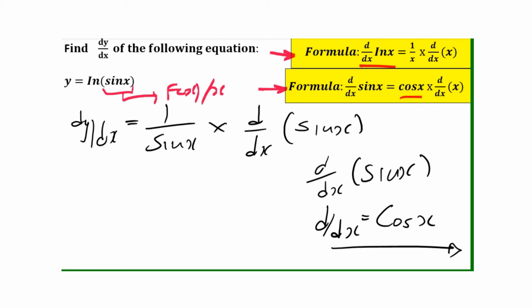You just use your derivative table to get this one. So you're just gonna go back to the original formula and say dy over dx equals to 1 over sine x, and then multiply by cos x.